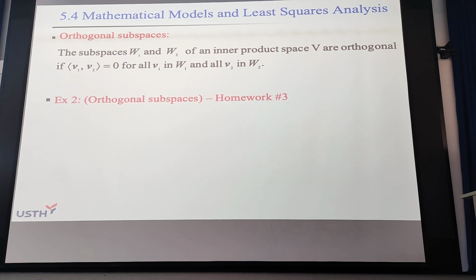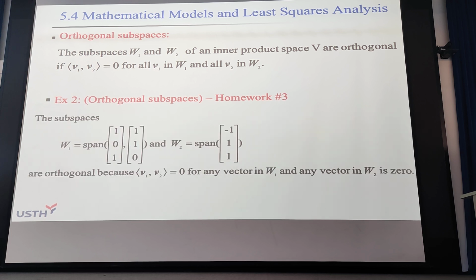Okay, next. Now we have the notion of orthogonal subspaces, and here is some kind of homework. If you like, you can write it. Suppose that you are given W1, a subspace spanned by two vectors like that, and W2, a subspace spanned by one vector like that.